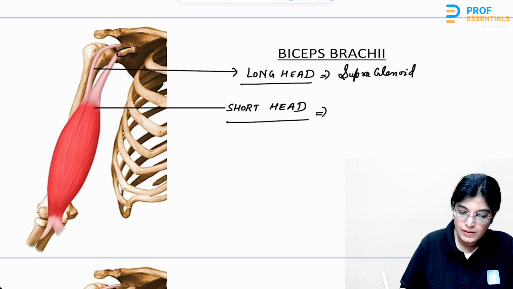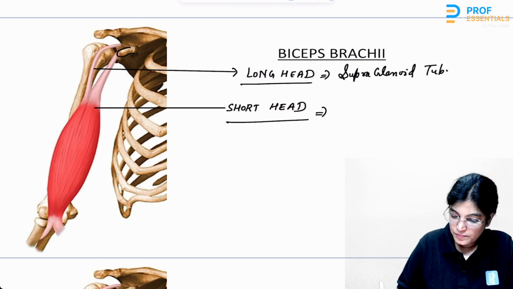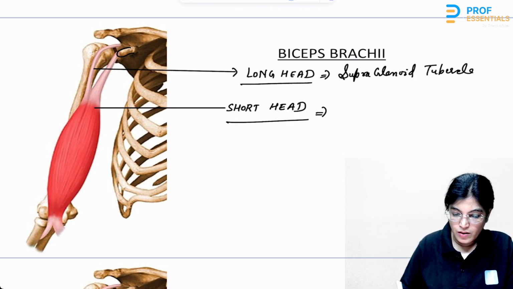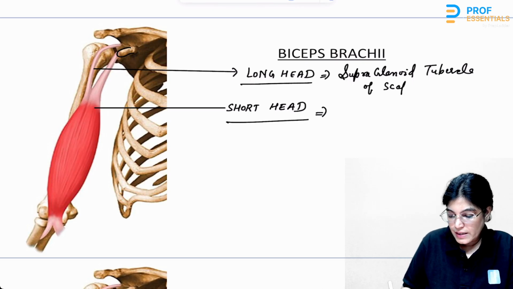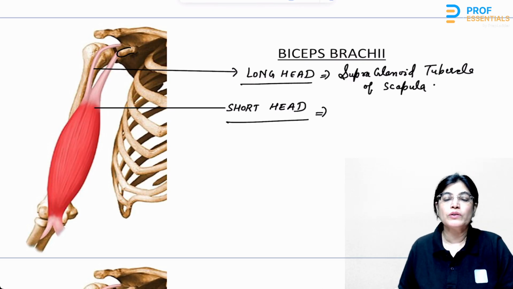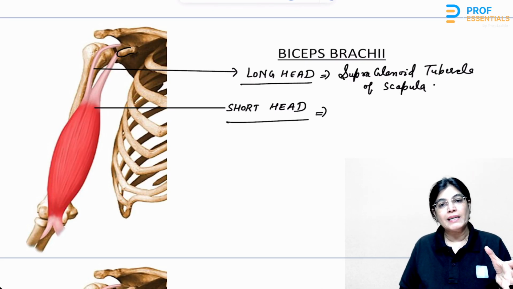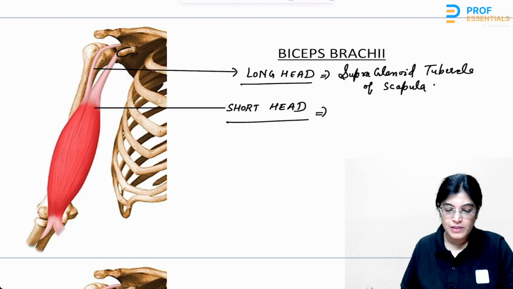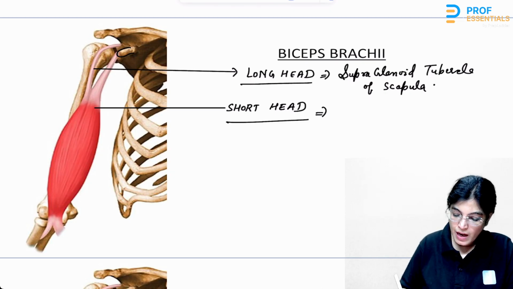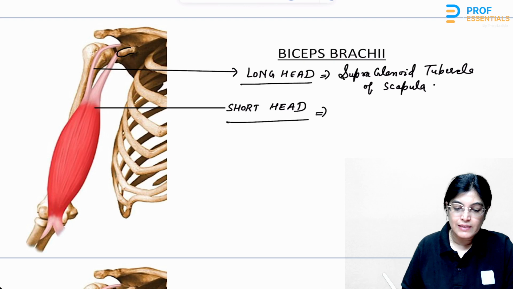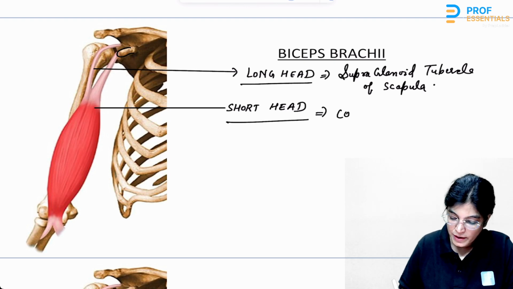In the shoulder joint session, I have told you the long head of the biceps brachii is intracapsular in origin. The short head, along with coracobrachialis, arises from the coracoid process of the scapula.